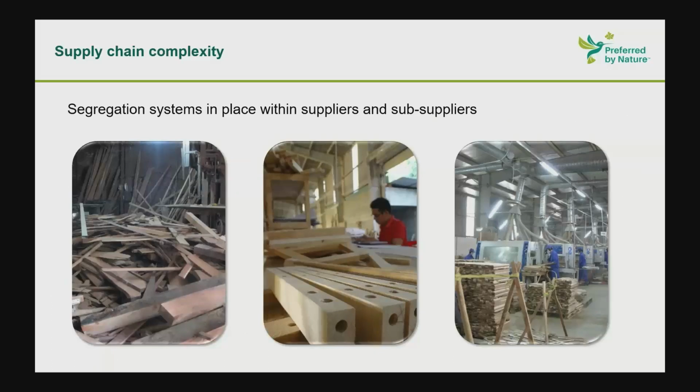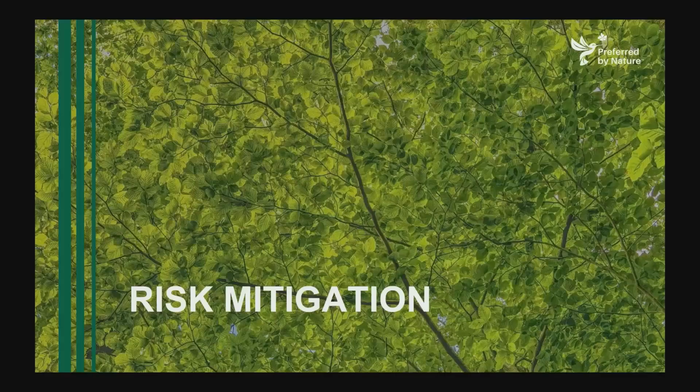Yes, and knowing about the segregation systems in place within suppliers is obviously also important in weighing the risk level of contamination of the material. Right, so that's for the second, let's say, the risk assessment step.